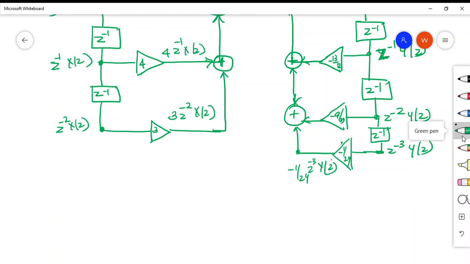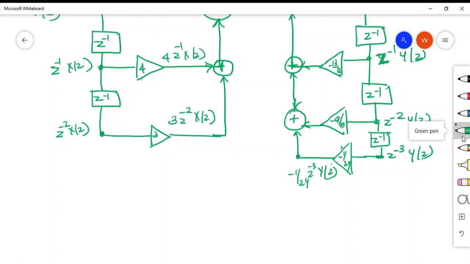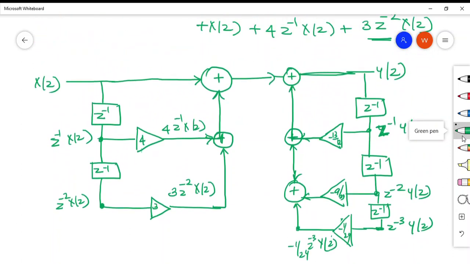It is added with the minus 9 by 24 z raised to minus 2 y of z. That sum is added with minus 13 by 12 z raised to minus 1 y of z, and the total is added with the x of z terms which is coming from this particular side. So your y of z now is equal to this particular sum plus this sum. Okay, this is the direct form 1 realization, where you directly add all the terms.